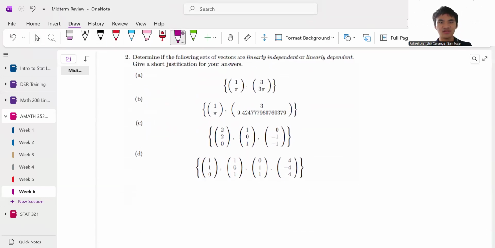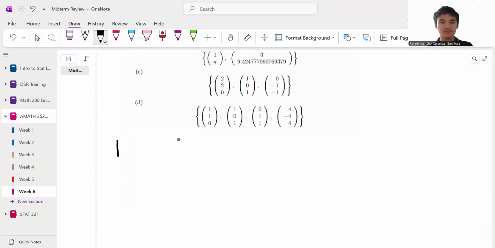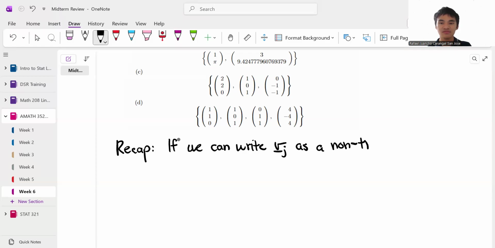right? So just to briefly recap, if we can write VJ as a non-trivial combination. I'm not gonna write linear anymore. I'm gonna assume it's linear because we're doing linear algebra.